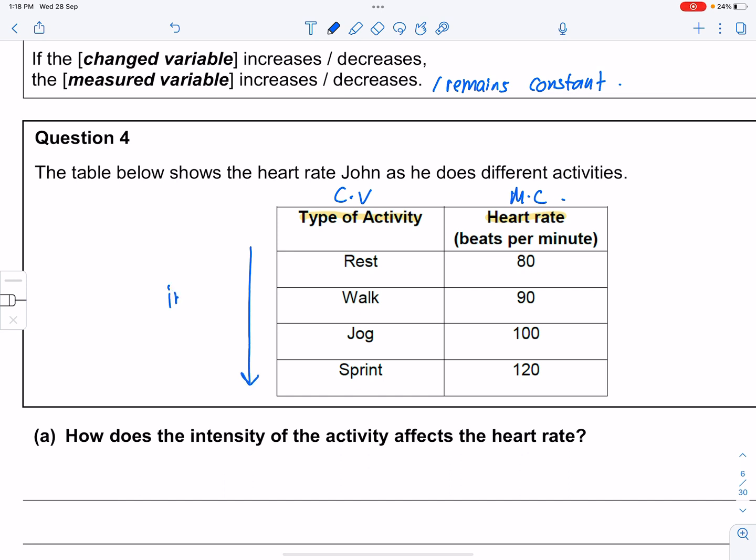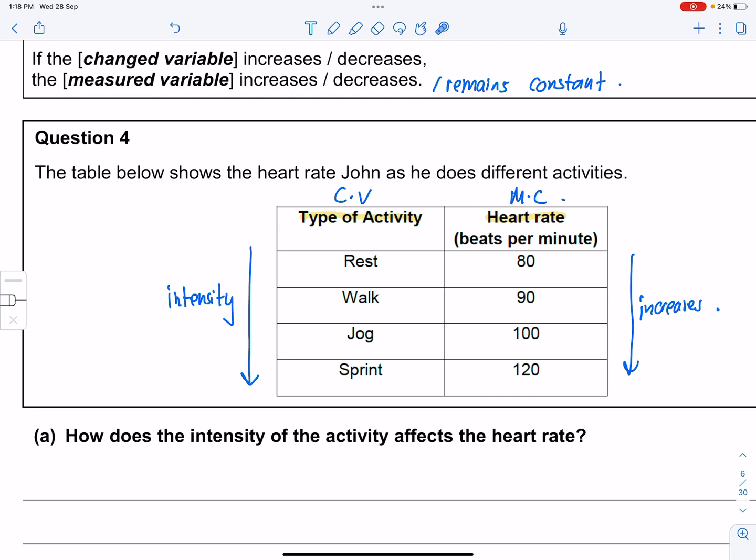And this translates to increasing intensity, right? And your heartbeat rate actually also increases. So now, when you read, you know as intensity of exercise increases, so because the arrow is also the same, you know that your heart rate also increases.